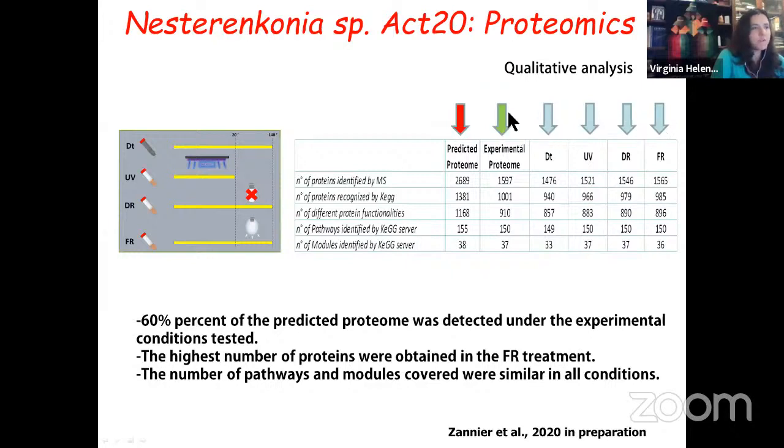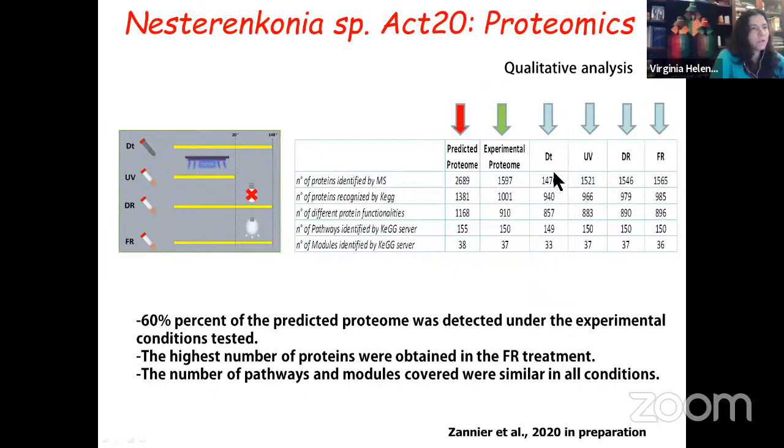So all the different proteins that were found in each proteome, okay? So the predicted proteome was 2,689 proteins, but the experimental proteome was almost 1,600. That means that we have obtained 60% of the predicted proteome under the experimental conditions tested.